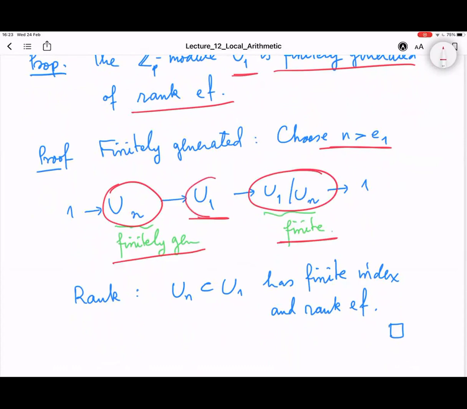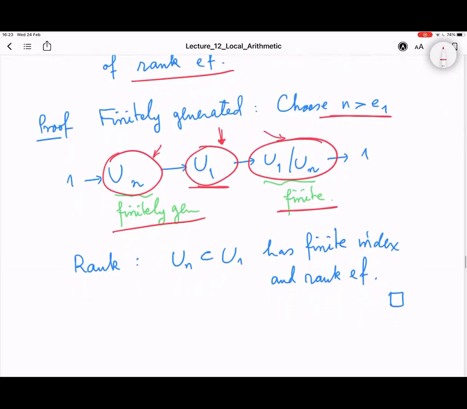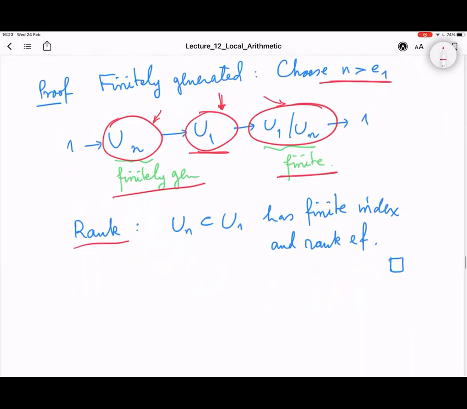If there's a module which has a submodule which is finitely generated, and the quotient is also finitely generated, then of course the module itself is finitely generated. And what is the rank?